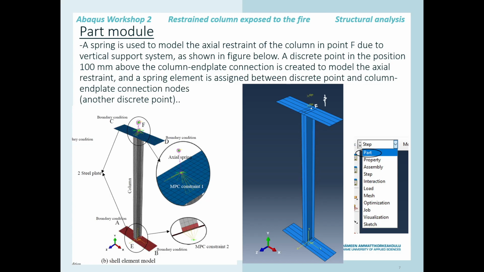And here the idea for applying the boundary condition is that we will apply a boundary condition at these two discrete points. At this point we will apply the boundary conditions, and that will be distributed over these connections of the I-beam profile in the cross section, and it will be distributed using a multiple point constraint with beam type constraint.